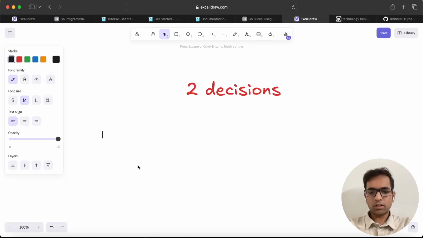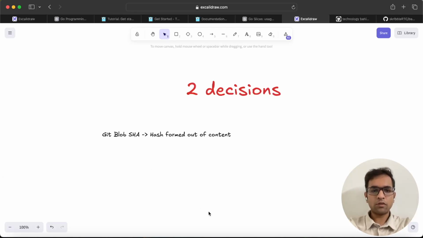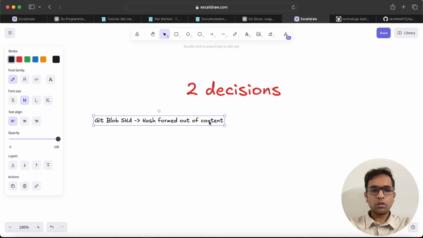What GitHub does is, for every file or for every content that is put onto Git, it converts it into a hash, as we had discussed. So it is a git blob SHA. A git blob SHA is a hash formed out of content. There will be some hashing function whenever we have some content. That hash function will take up that content and convert it into a git blob SHA, and this SHA is stored in the database as well. Now, why is it stored?